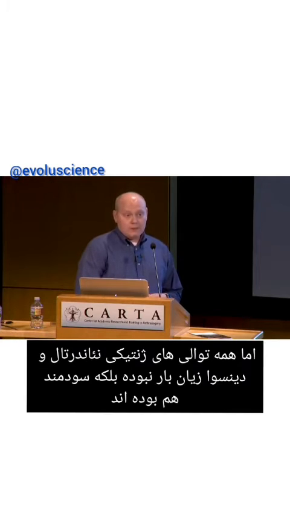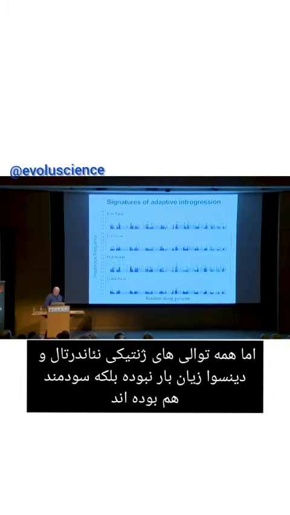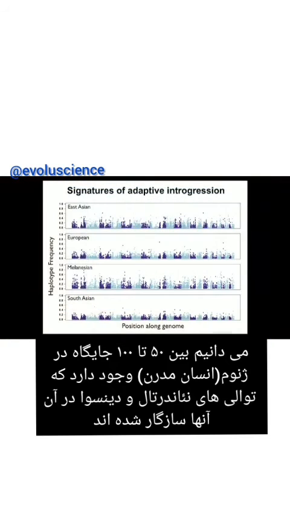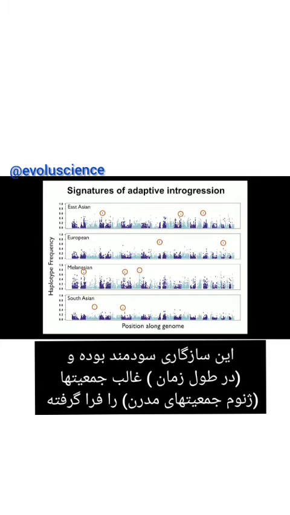But not all sequences that we inherited from Neanderthals or Denisovans were deleterious. Some, in fact, were advantageous. And we know that there's somewhere on the order of 50 to 100 places in the genome where there's examples of adaptive introgression. That is, Neanderthal and Denisovan sequences were beneficial and rose to high frequency in the population.